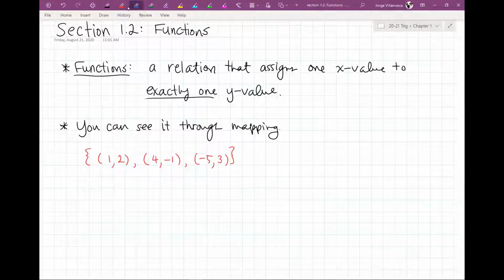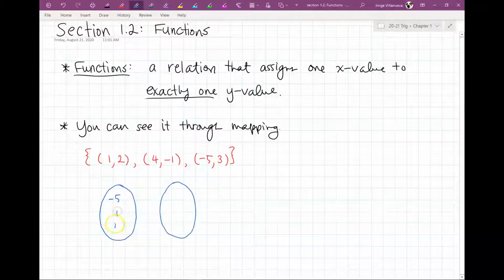So here's a mapping. A mapping looks kind of like two eggs. And then what you do is you list your x values. Some people like to put them in numerical order. I really don't care, but those are all my x values, -5, 1, and 4. And then all my y values, -1, 2, and 3. And then I'm going to map them. -5 is related to 3. -5, 3 is a point. 4 is related to -1, and 1 is related to 2.